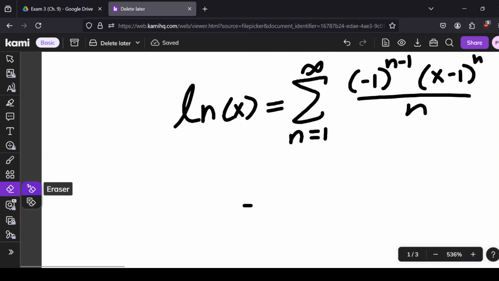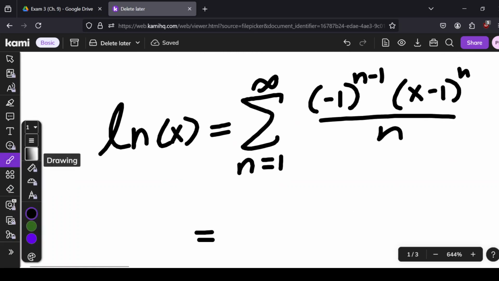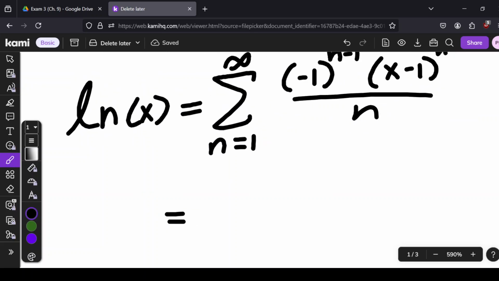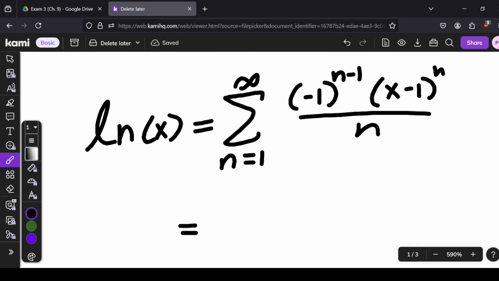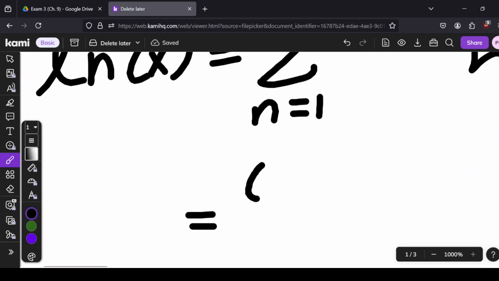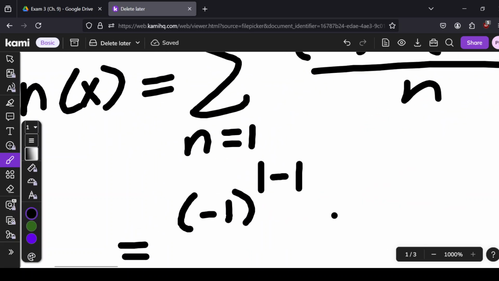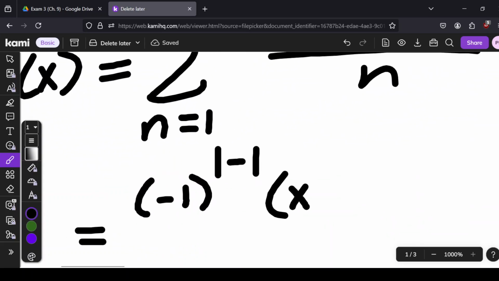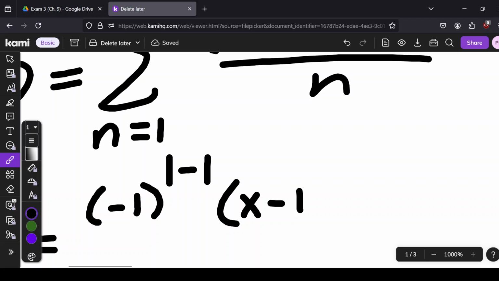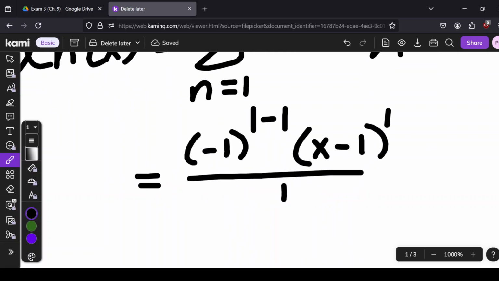Or hold on. First of all, let me write this series as, you know, a bunch of polynomials. So we'll start at 1, -1 to the 1 minus 1 times x minus 1 to the 1 over 1. And I'll simplify this later.